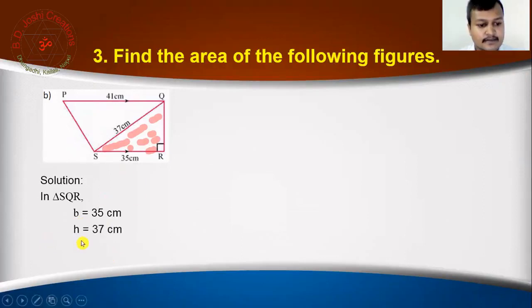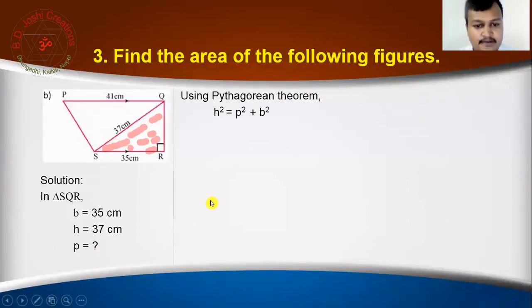Base is 35, hypotenuse is 37, and perpendicular we don't have. So use Pythagoras theorem here. H square is equal to p square plus b square. Square of hypotenuse is equal to sum of squares of perpendicular and base. Put values. H is 37, P remains as it is because we don't have the value of QR, and B is 35.